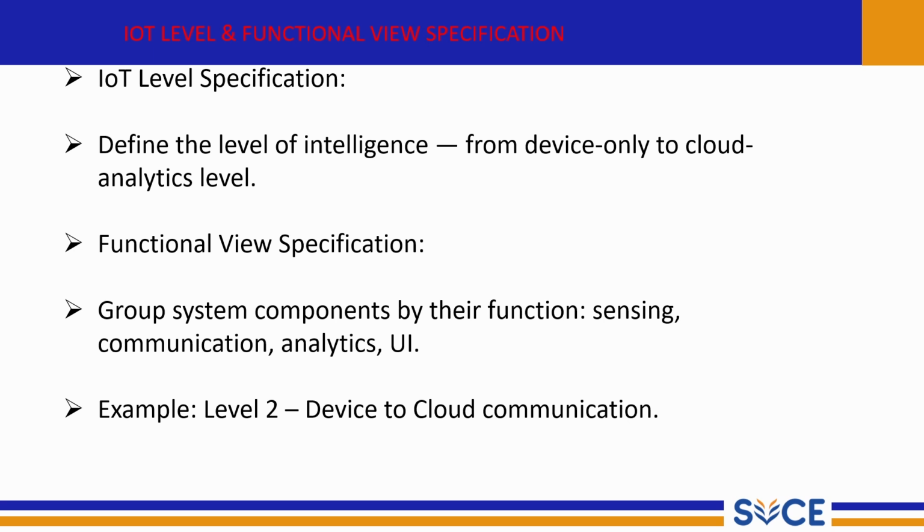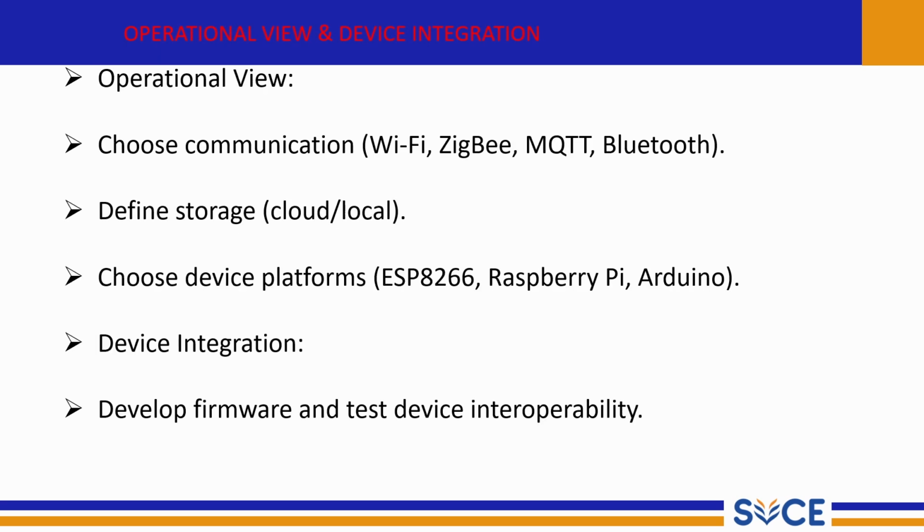In the next slide, we will see the operational view and device integration. This groups all the system functions into blocks like sensing, communication, data processing and application logic. The purpose in this step is to visualize the architecture layer by layer.